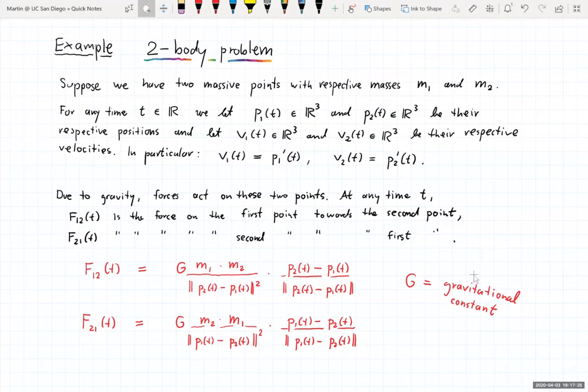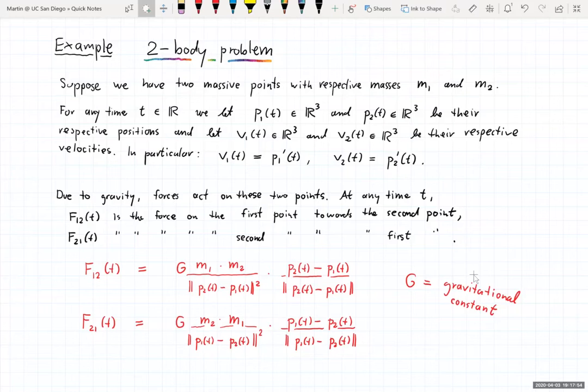We are interested in the movement of these bodies over time, so we would like to keep track of their position. If we fix a coordinate system in three-dimensional space, then we can describe each position by a three-dimensional vector, which includes the x, y, and z coordinate.